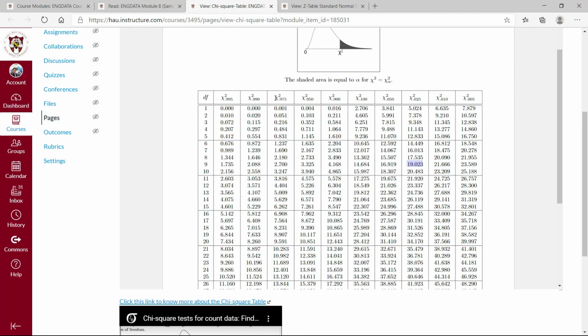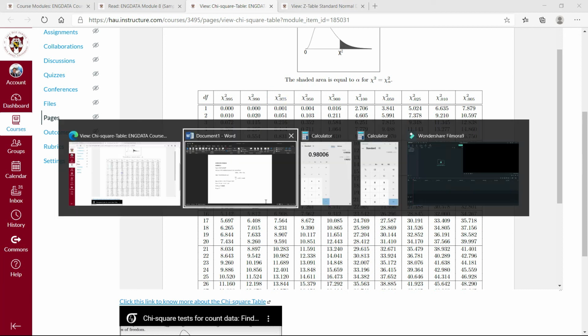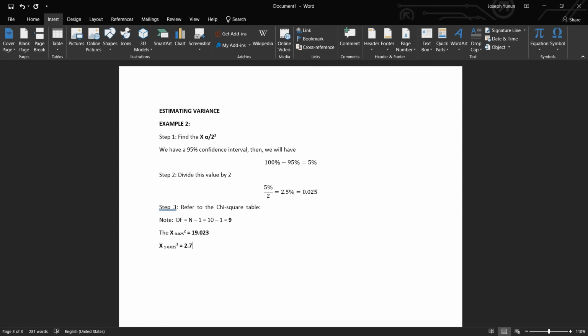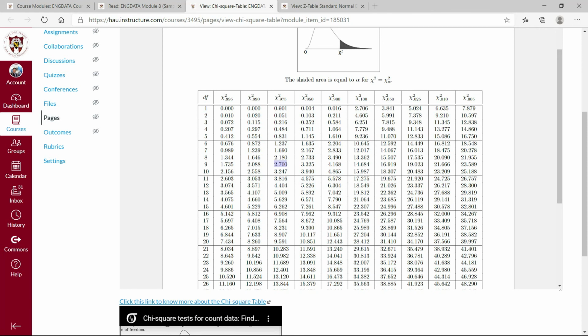Degrees of freedom of 9, so you'll have 2.7. So we'll have this value under 9 degrees of freedom, which is 2.7.